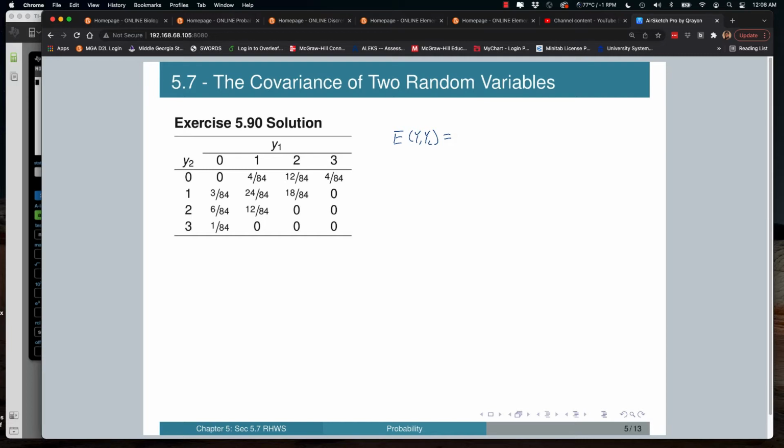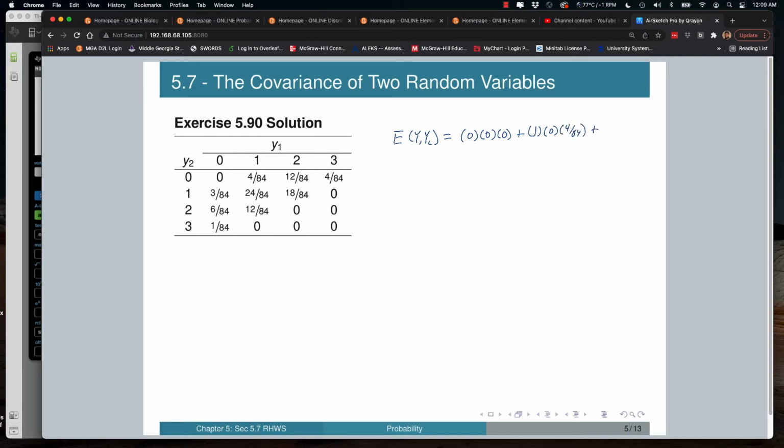This is a much larger one to deal with, so definitely be careful with it. We end up getting 0 times 0 times 0. We could just write that as 0 up front. Plus 1 times 0 times 4 over 84.